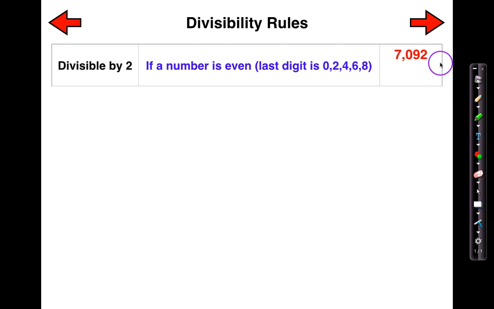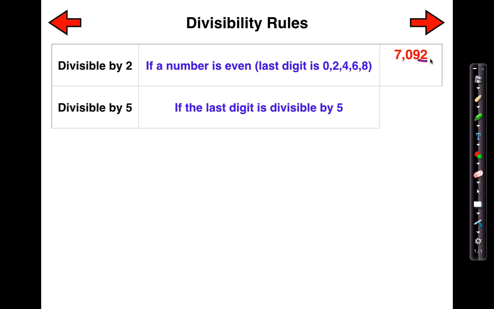So here's an example of one. I know it's even just by the last digit. It's an even number, so I'm going to say that this is definitely divisible by 2. A number is divisible by 5 if the last digit is divisible by 5. So here 0 is divisible by 5. 0 divided by 5 is 0. So that's why this number is divisible by 5.